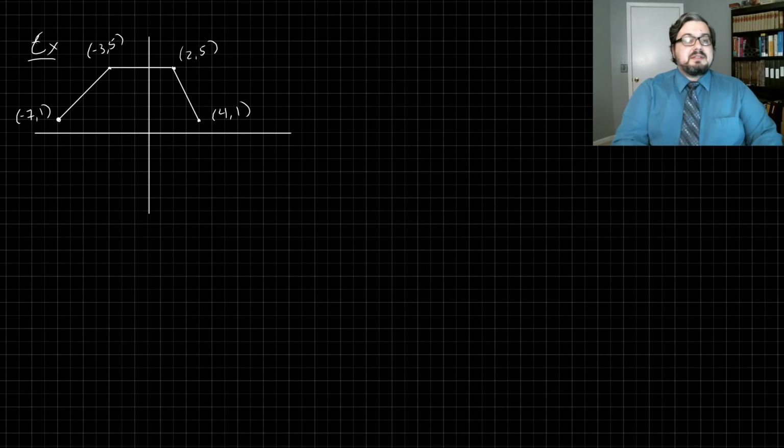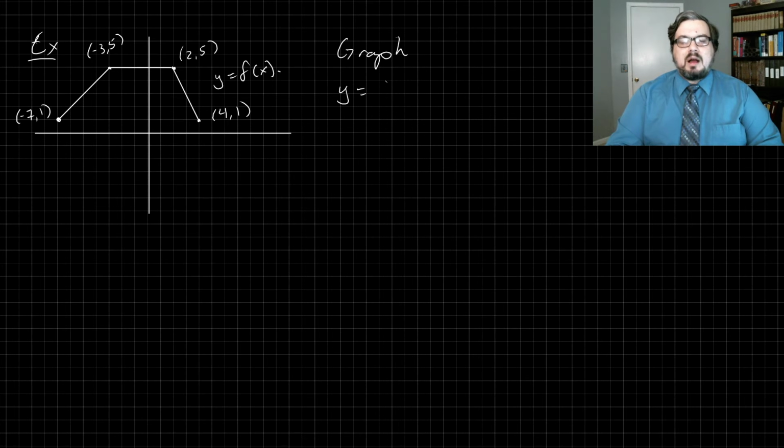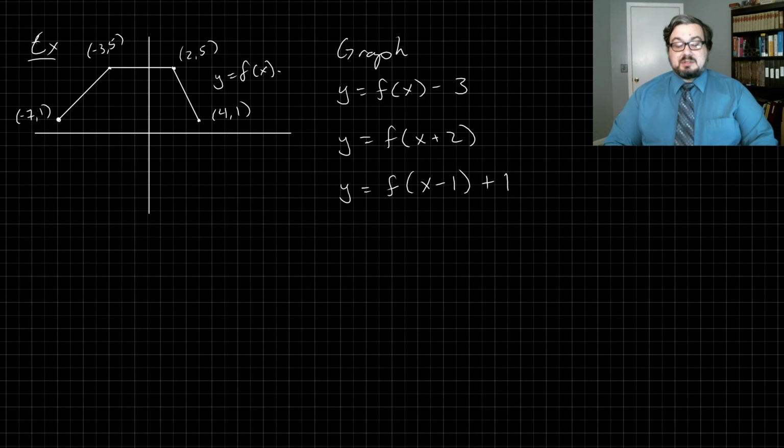Now notice this is the graph of a function. It passes the vertical line test. So let's suppose that we want to graph the functions y equals f of x minus 3, y equals f of x plus 2, and y equals f of x minus 1 plus 1.